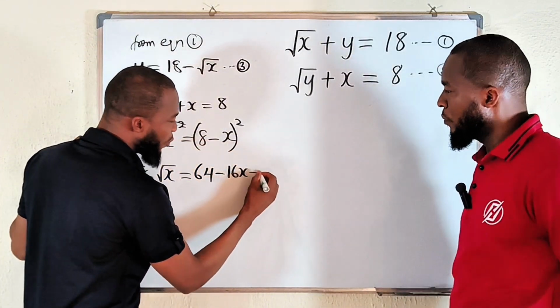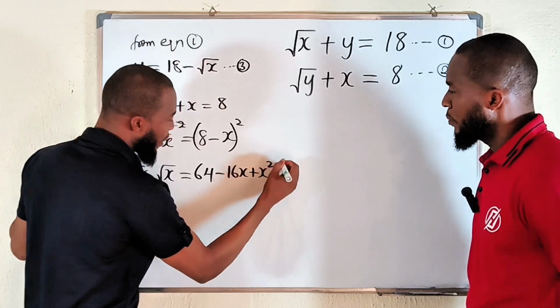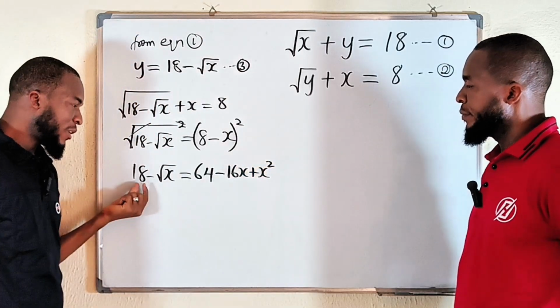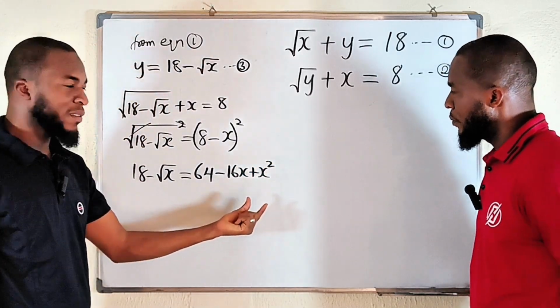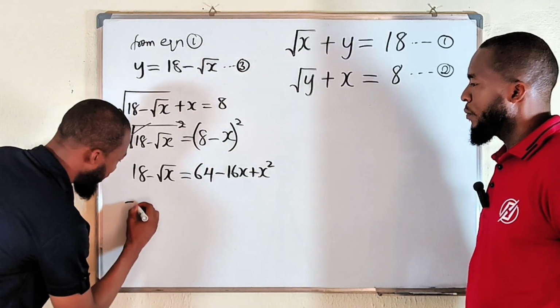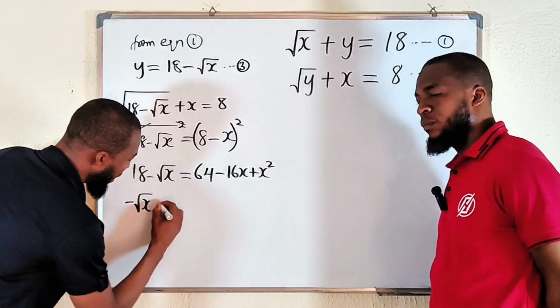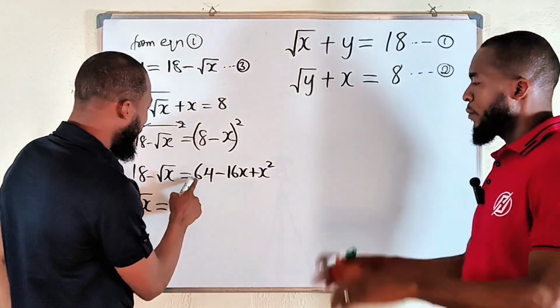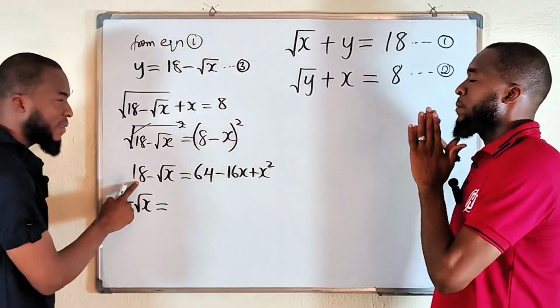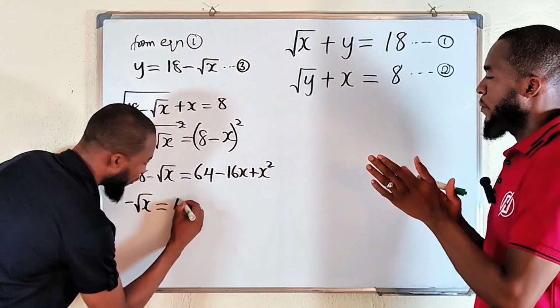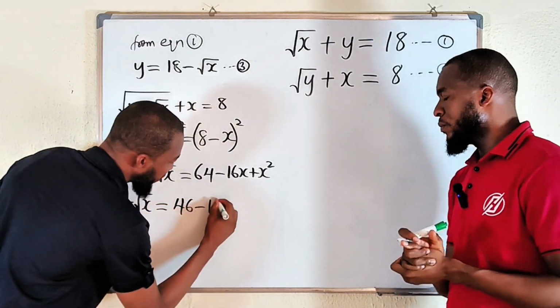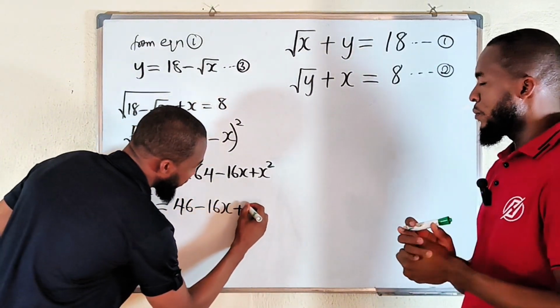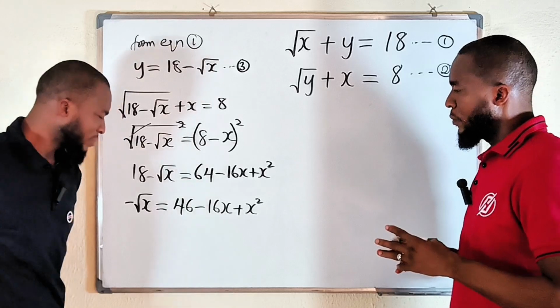Negative x squared is positive x squared. Now let us take 18 to the other side, leaving negative square root of x equal to, as 18 crosses over, it becomes negative, so we have 64 minus 18, which is 46, 46 minus 16x plus x squared.